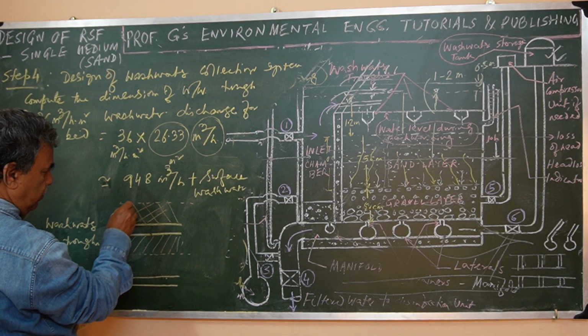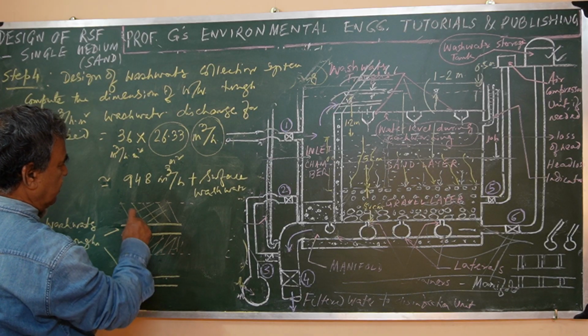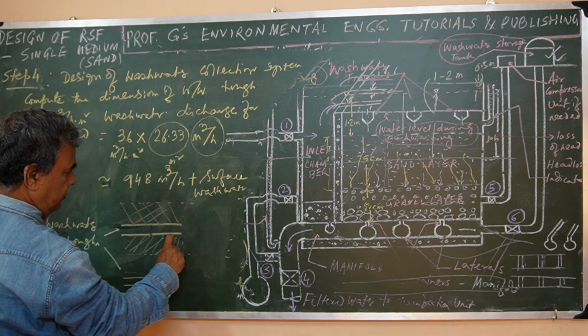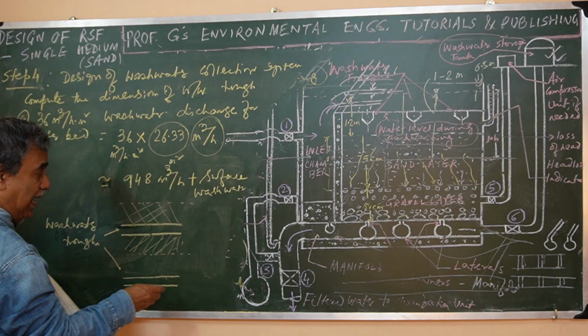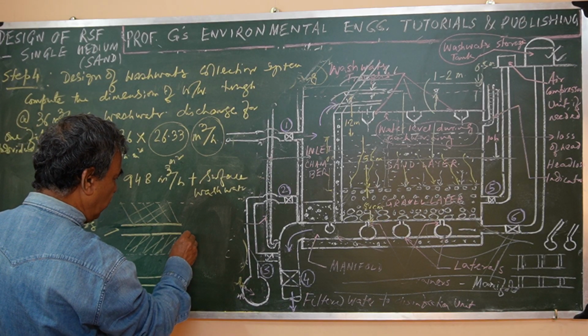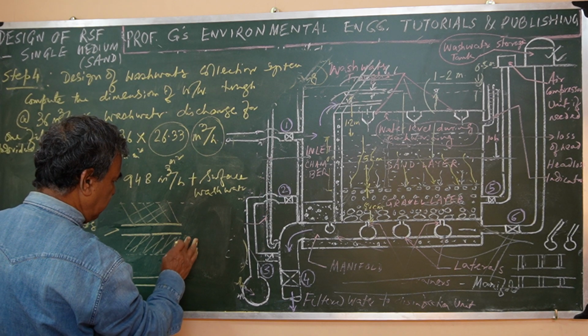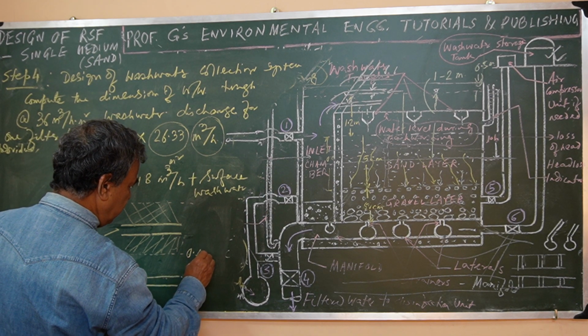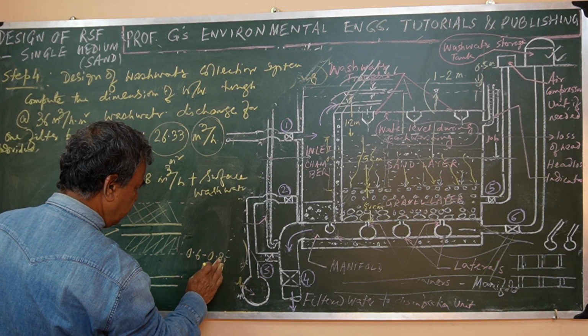If we use a shade also, then that means this area and this area will be collected by one trough also, and that distance, normally you see, is 0.6 to 1 meter.